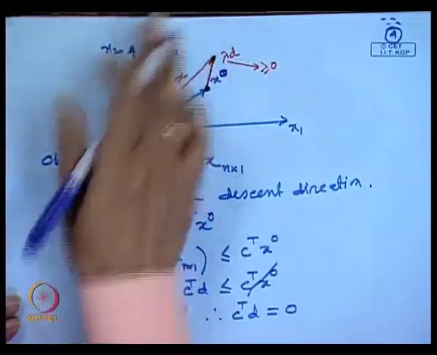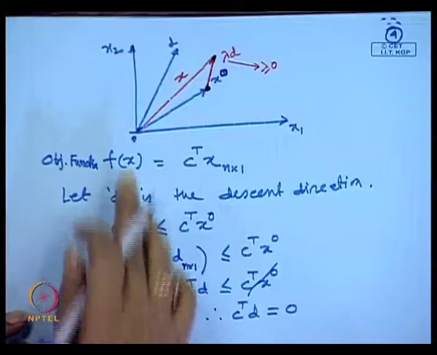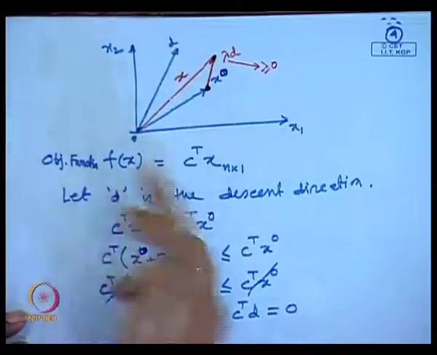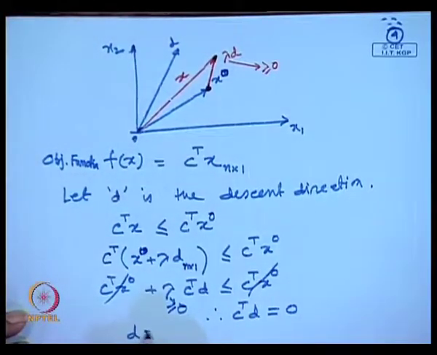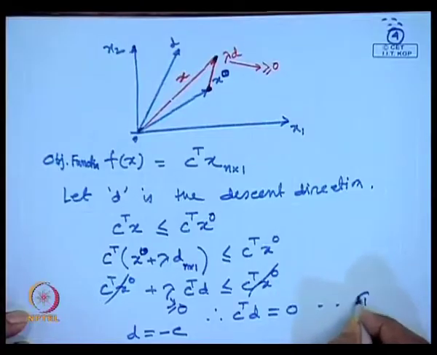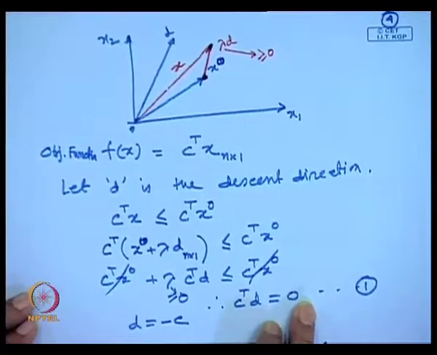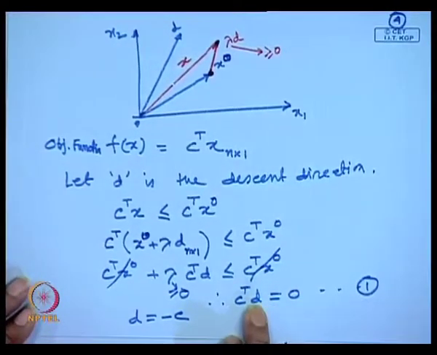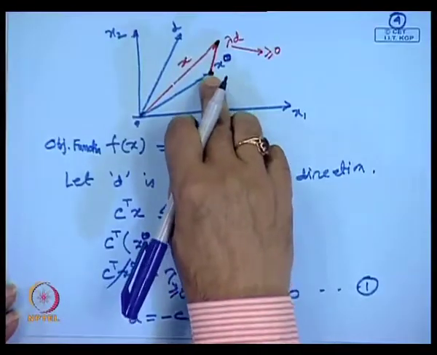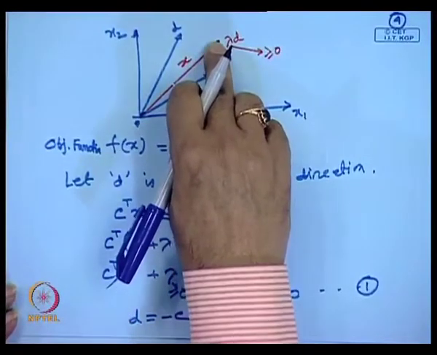Now, what is your conclusion? Which direction will we move? If you can move in this direction and this direction, how will you decide? If you decide d is equal to minus c, then from equation 1, this condition indicates that our function value will decrease if we move from x 0 in this direction.